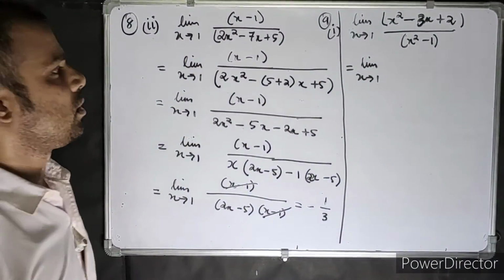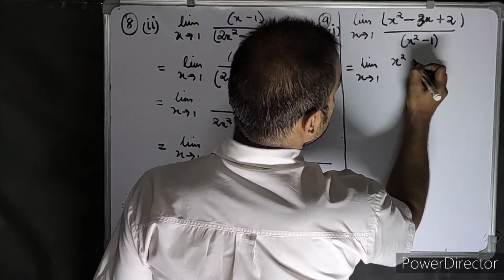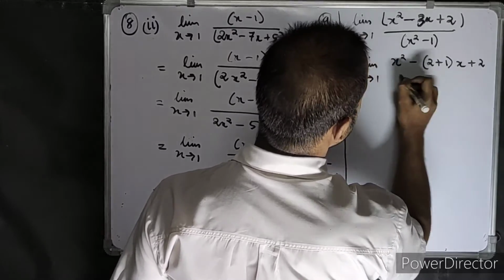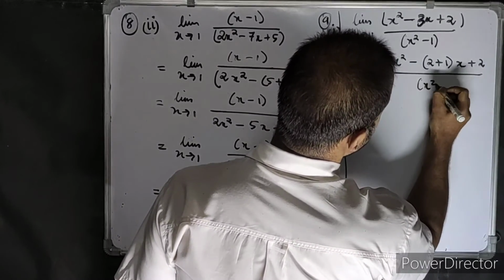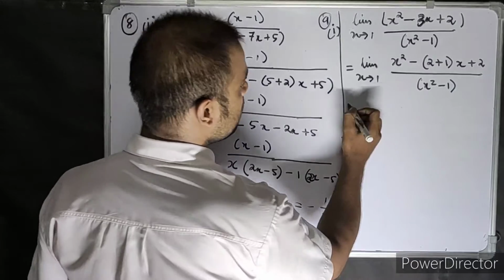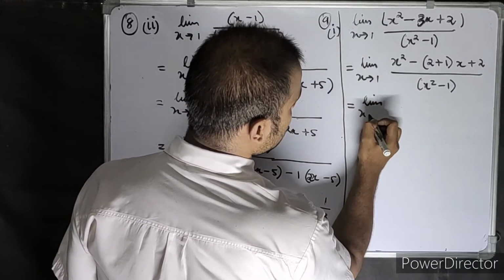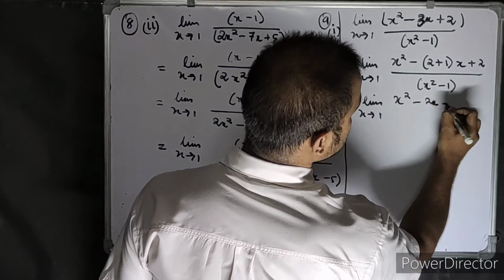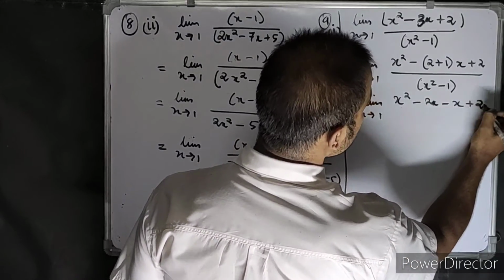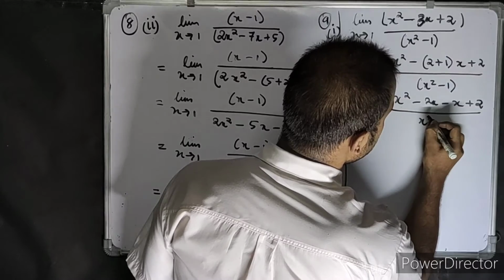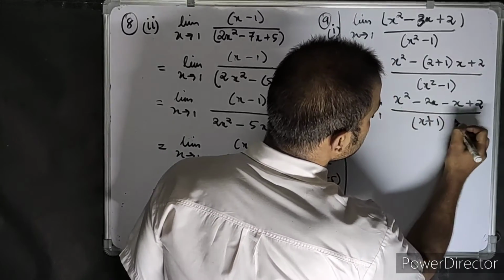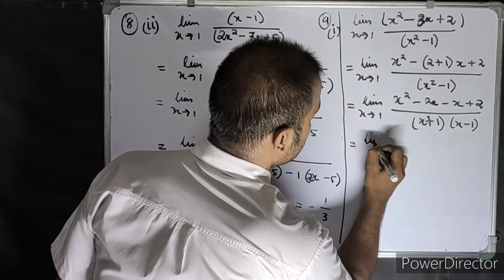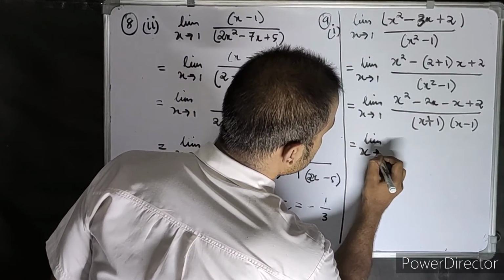Just practice. So this is x square minus 2 plus 1x plus 2. You know what I have done? Limit of x tends to 1, x square minus 2x minus x plus 2 whole thing divided by x plus 1 and x minus 1. I'm missing one step actually.